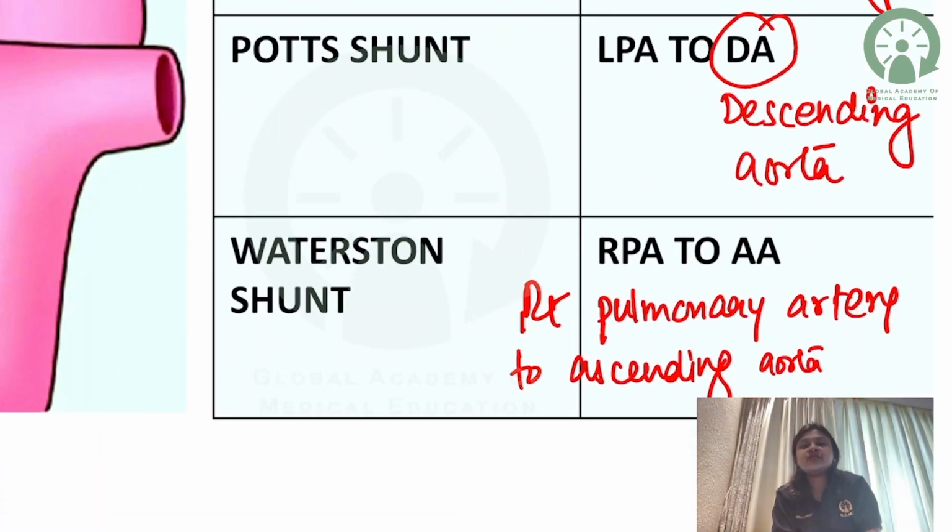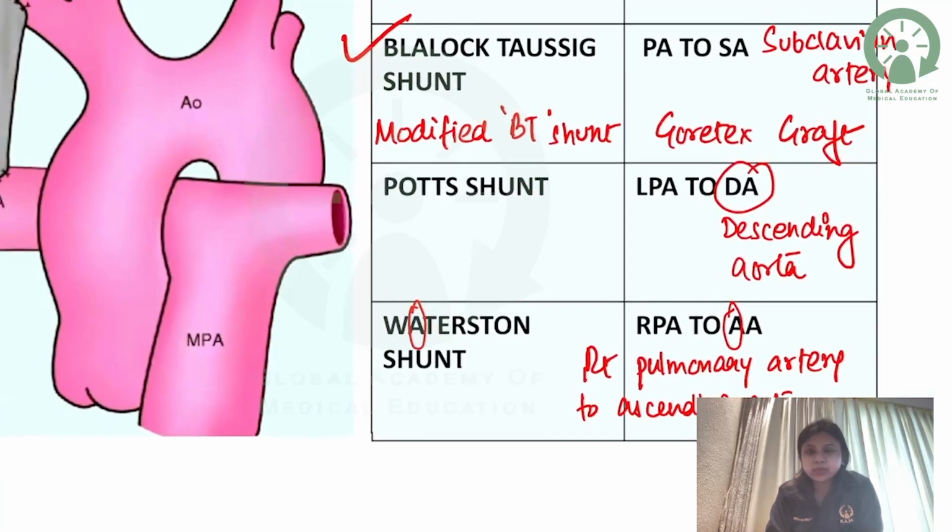Now you can get confused between the Pott shunt and the Waterston shunt. Remember, in Waterston shunt we have the word A and A, that is A for ascending aorta. Pott shunt is descending aorta, Waterston shunt is ascending aorta. And the most commonly used is the BT shunt.